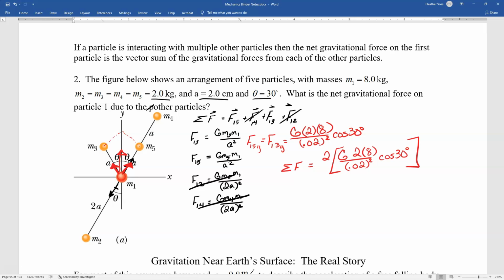And that is going to be in the y direction, so that's going to be in a positive j hat direction. That's what's going to give us our vector. So that works out to have a magnitude of about 4.6 times 10 to the negative 6 newtons in the j hat direction.